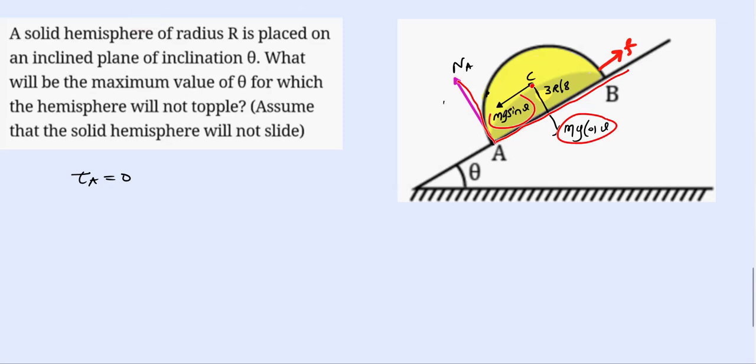This distance should be equal to R. So the net torque about point A should be 0. So mg, 3R by 8.